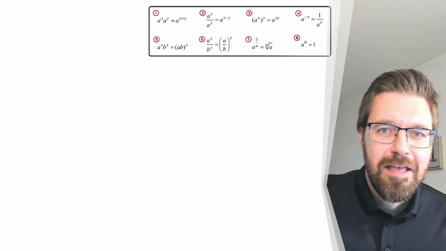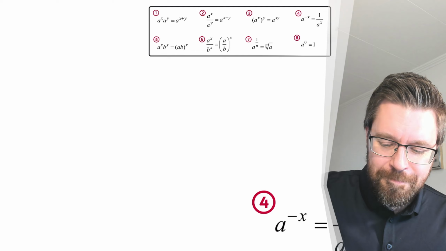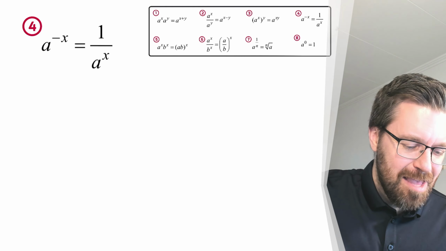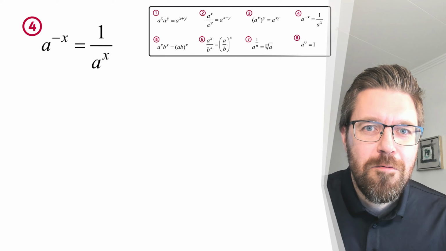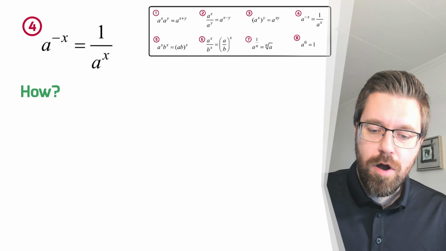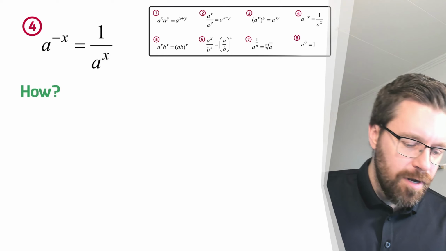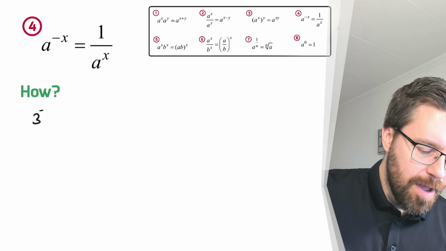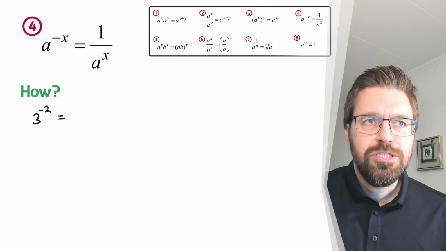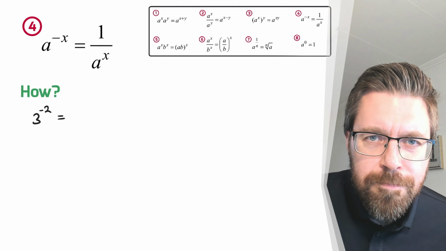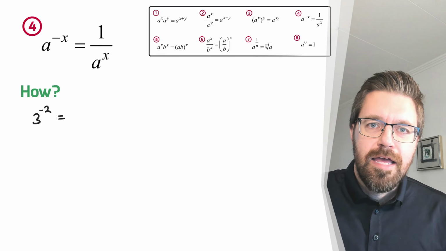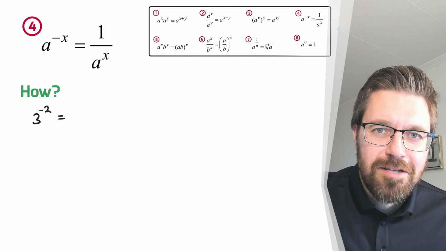Next rule is rule number 4, and it is related to rule number 8, the explanation of why it works. So first, how does it work? If we have an example, 3 raised by minus 2, you can change the sign in the exponent if you take the whole power and put it in the denominator instead.